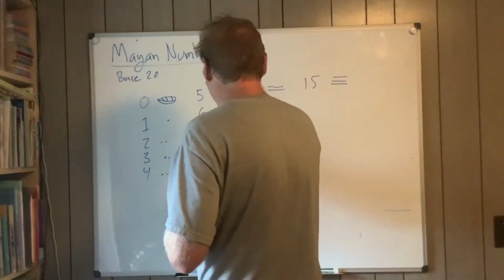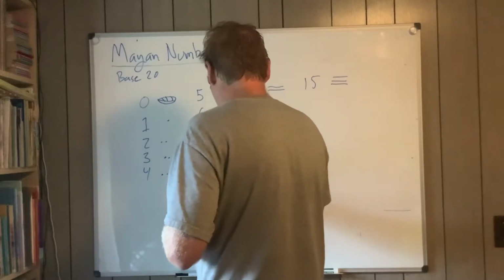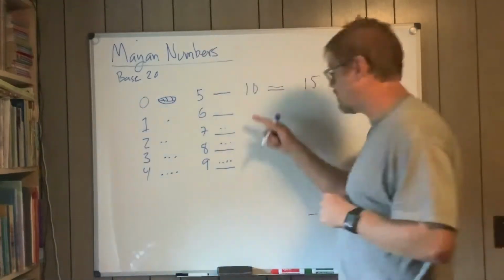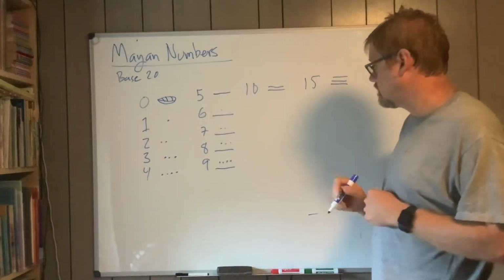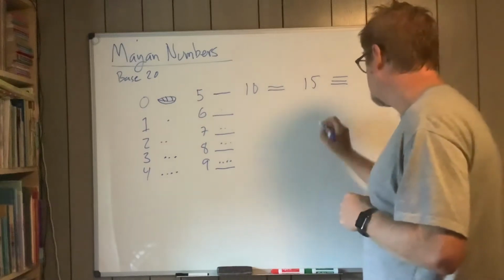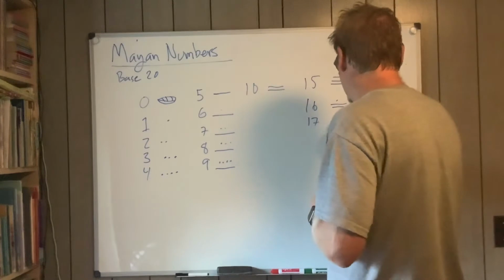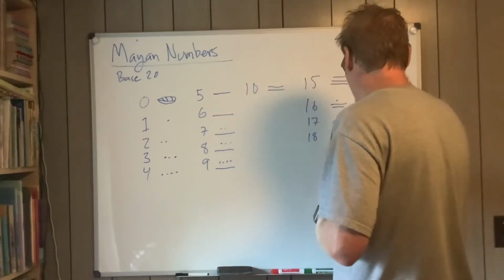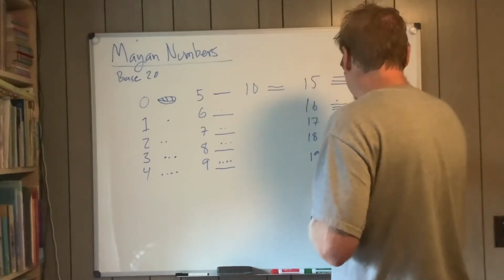So for example, 6, 7, 8, and 9 are now a blend of dots and lines. So it's 5 plus 4 type of thing. And let me skip to the last column. These are all 3 bars.